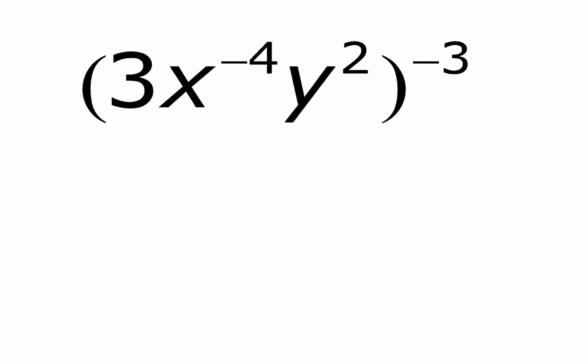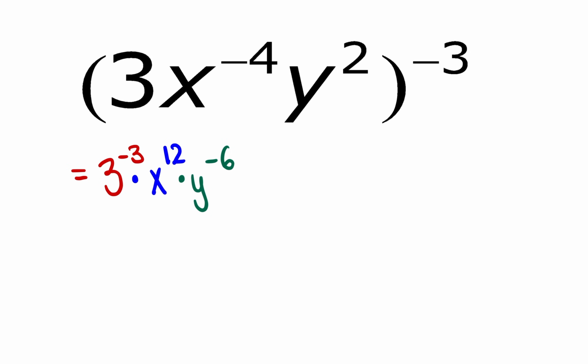Moving on to the next example, we have the following. And again, we have to multiply this exponent negative 3 to every single term. So I have 3 to the negative 3 times x to the negative 4 times negative 3, that gives me positive 12, times y to the 2 times negative 3, that gives me negative 6.